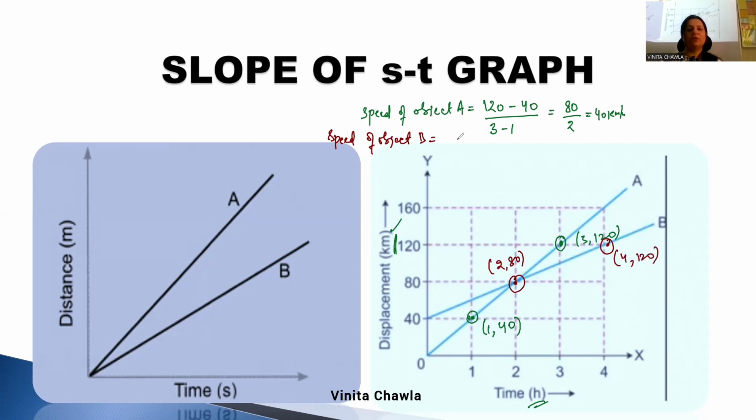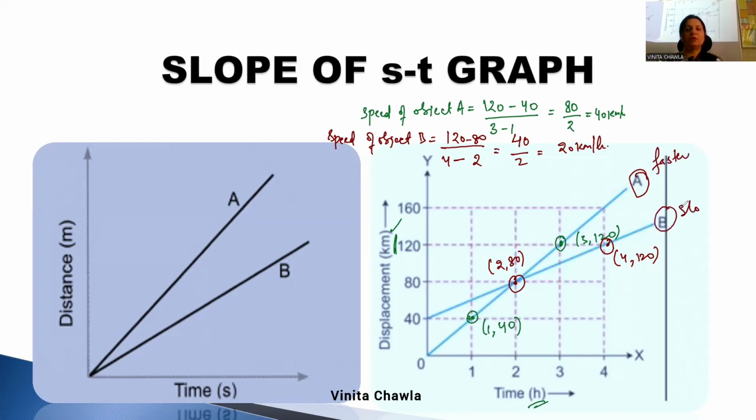Now what should I write here? 120 minus 80, and in the denominator we'll write 4 minus 2. So what will you get? 40 divided by 2. Speed is 20 kilometer per hour. So which one is moving faster? Object A is moving faster, and B is moving slower.